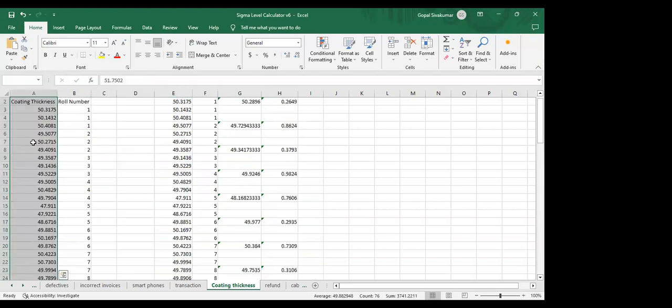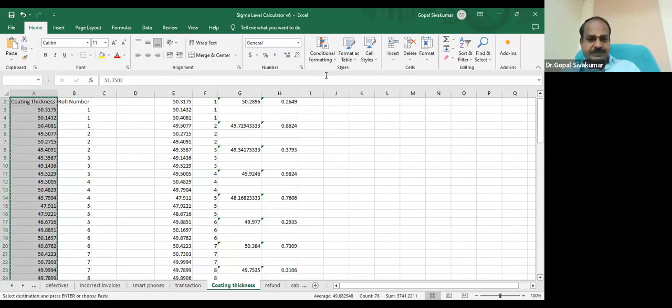Sir, can you show the statistical constant for 1.693 from that table once? That is there in the material itself. I have given one training manual also to all of you. There also you can find it.